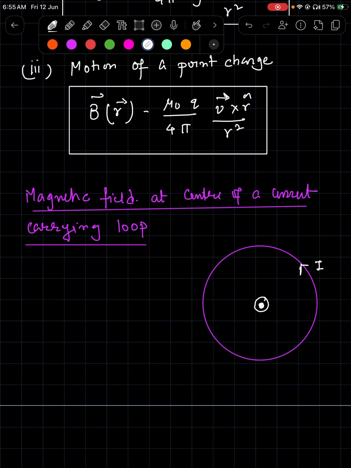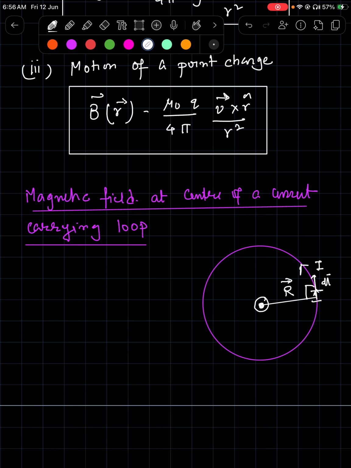So I am taking only the dl part here. dl is taken tangentially. I am connecting this elementary tangent to the center, so that is the radius of the wire, say R. The distance is R, and the angle between vector r and dl is 90 degrees.